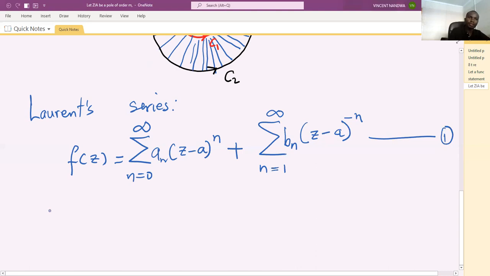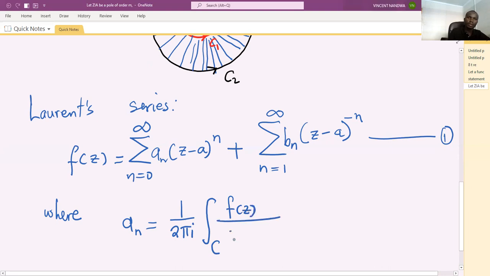where from the definition, a n is 1 over 2 pi i times the integral along C of f of z divided by (z minus a) to the power n plus 1 dz. Let's call this one 2.